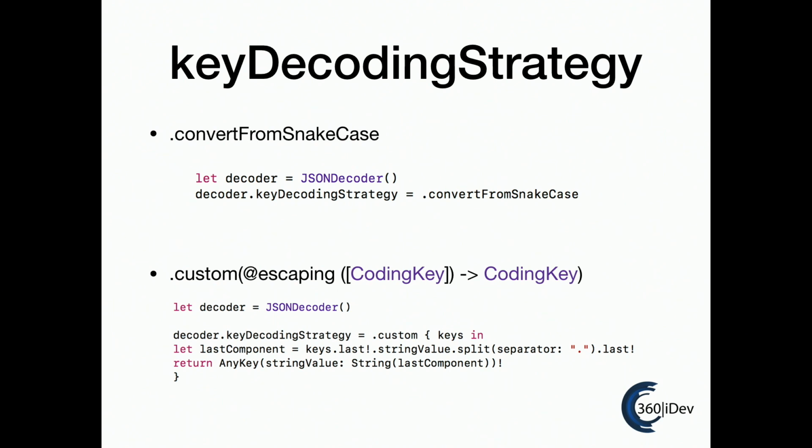There is an option that I haven't personally played with, but I know exists, and that you can create a custom decoding strategy. So more legwork on your end, but if you know that all your data is going to need to go through the same manipulation, all of your property values or all your values have the same maybe naming convention that you know needs to always be changed, you can then create your own and apply it.